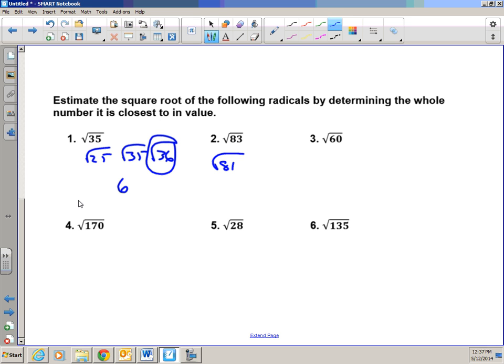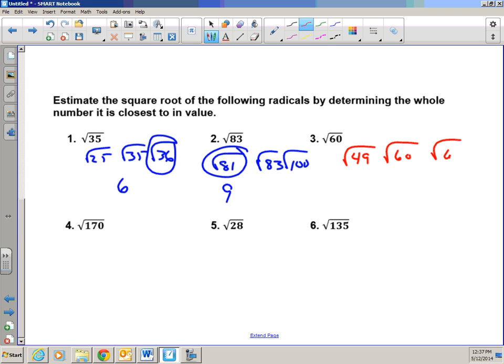This is between 81 and 100, and it's closest to the square root of 81, which is 9. This is between 49 and 64, closest to that, so 8.